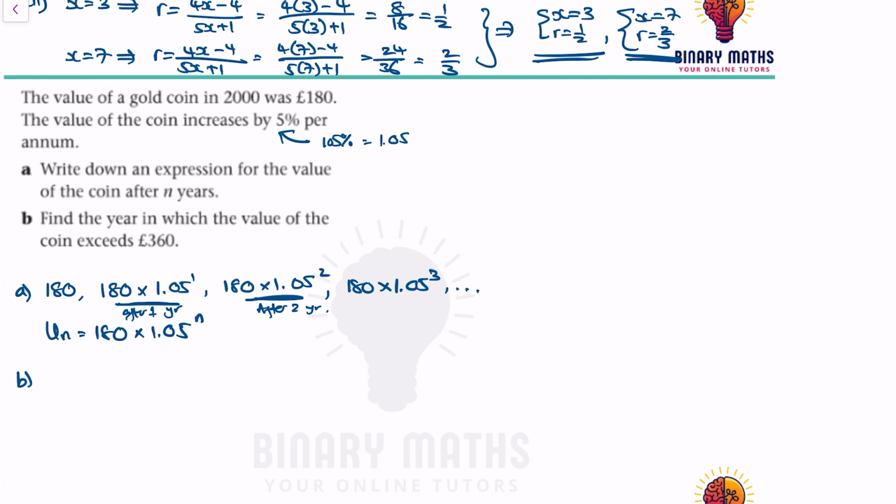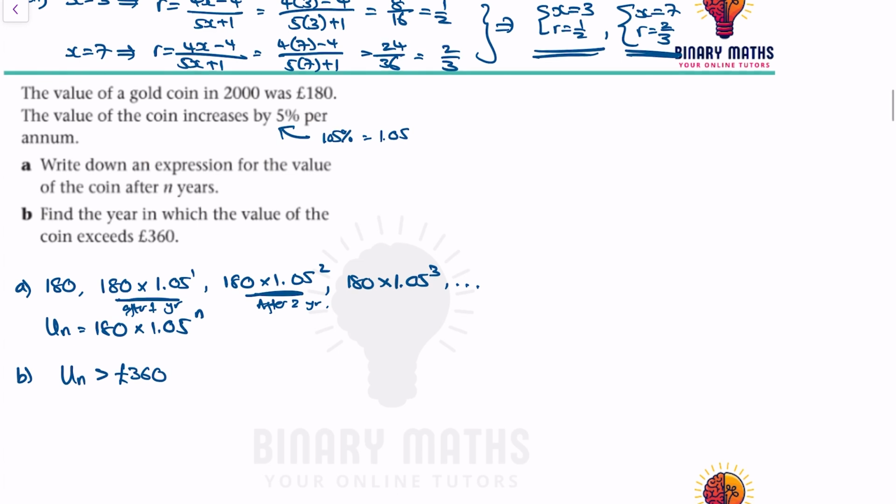Okay, B. Find the year in which the value of the coin exceeds £360. So that means un is greater than £360. Which means, because we already know what un is, 180 times 1.05 to the power of n is greater than 360.